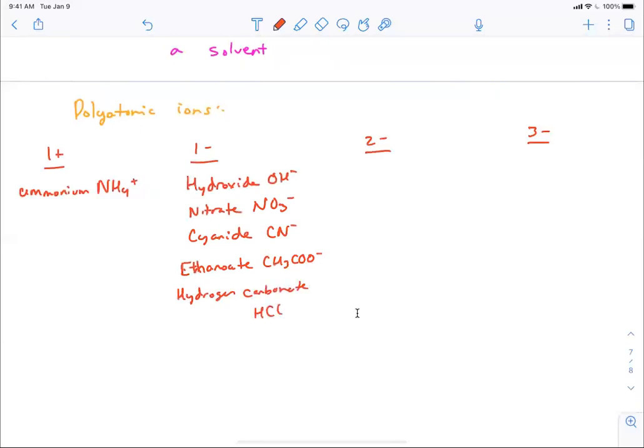Hydrogen carbonate is HCO3-. Then we have carbonate, which is CO3 2-. We have sulfate, which is SO4 2-.